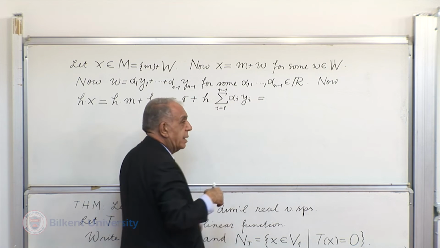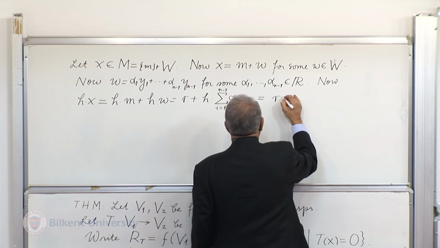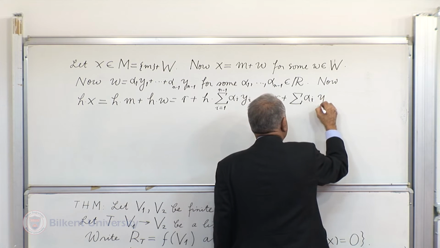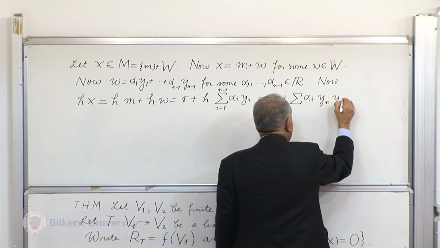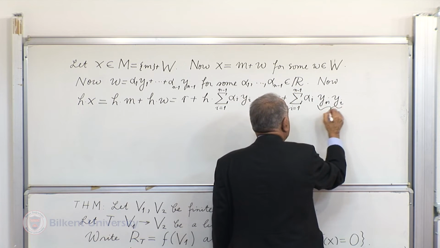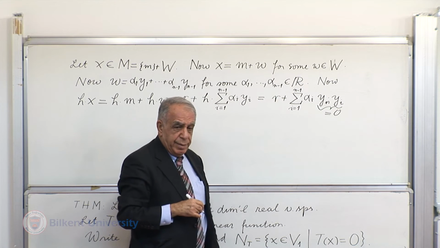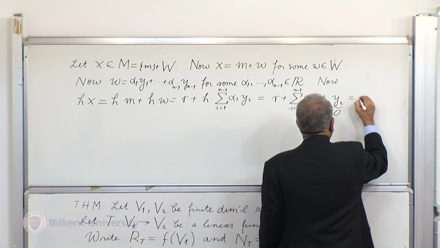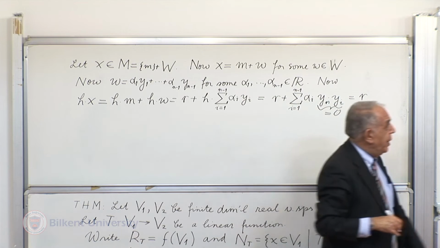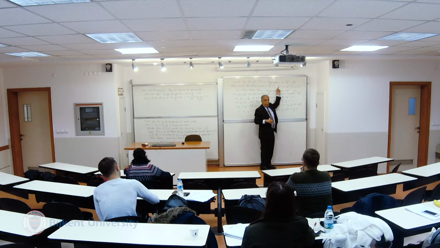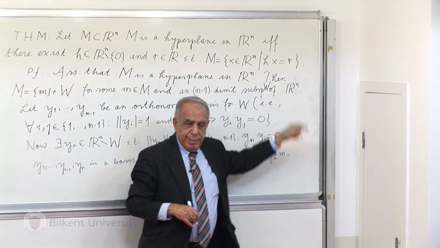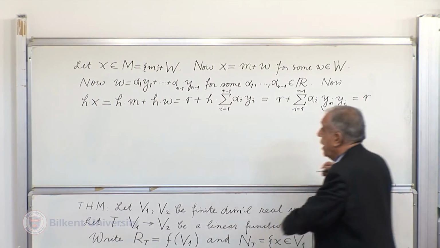But now, using the inner product rules, this is r plus sum of alpha i, now h is yn, yn dot yi, i from 1 to n minus 1, so that each of these is equal to 0. Thus, this is equal to r. So whenever we take any point from N, it will belong to this set. Okay? For this choice of h and r.